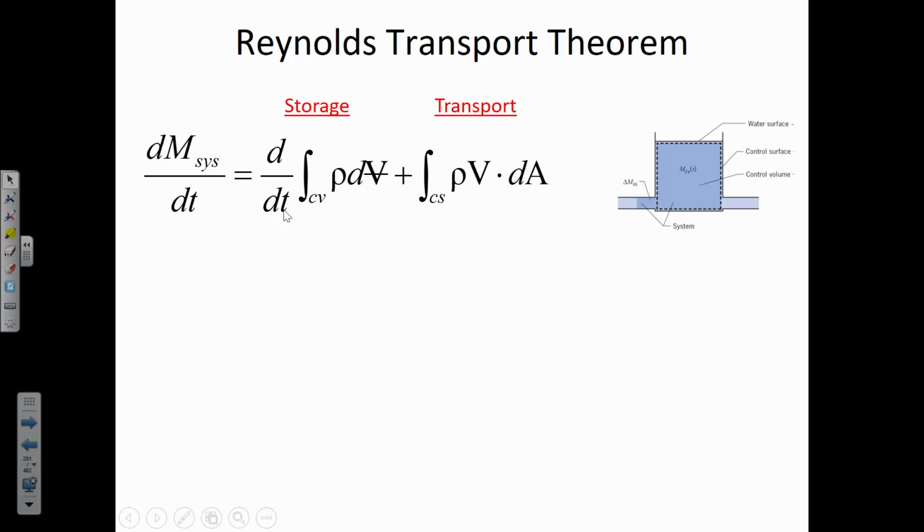And in class last time we learned about mass flow rate, the variable m dot, where it has units of kilograms per second. And so if we have volume, which is cubic meters, and density of a fluid, which is kilograms per cubic meter, and then we throw in the change of time, which would be units of seconds, you can see that the resulting units of this first storage term is going to be kilograms per second.